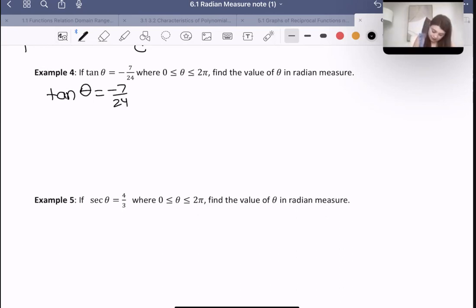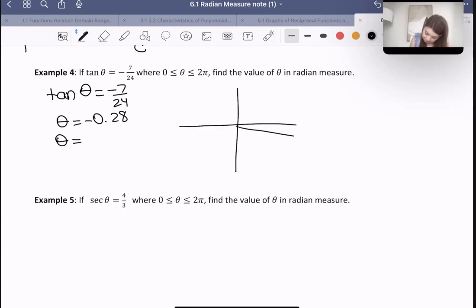Well, theta, if we map it out, would have to be -0.28, or what's another option for theta? We could add a pi to that and get the same thing, right? Because we could have this angle -0.28, or we could have something 180 more and we get the same thing.